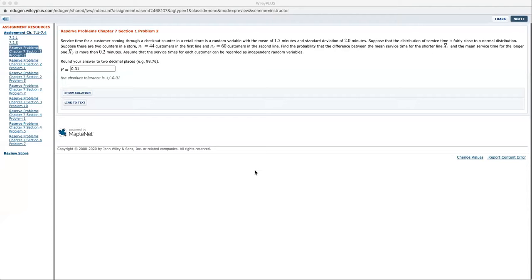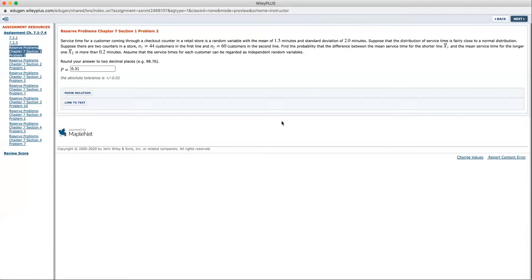That's what we learned. But if the two populations are normal, then the sampling distribution of the z-score is exactly normal. That's what we learned.